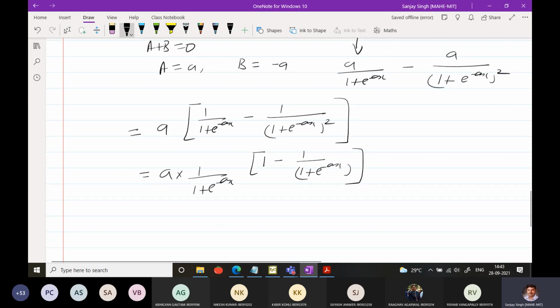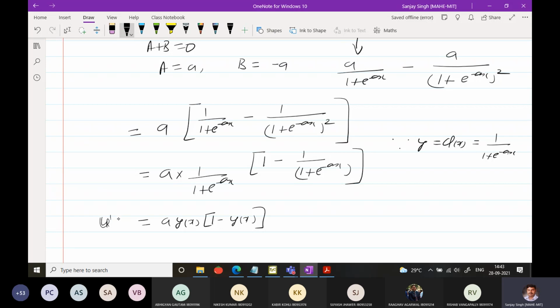Now, so what? Because y equals phi of x equals 1 over 1 plus e to the minus ax, can I substitute this just by y of x? So here I can see a y of x times 1 minus y of x. So then you'll say, so what's the big deal, man?